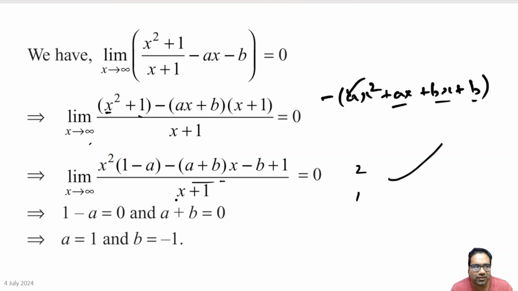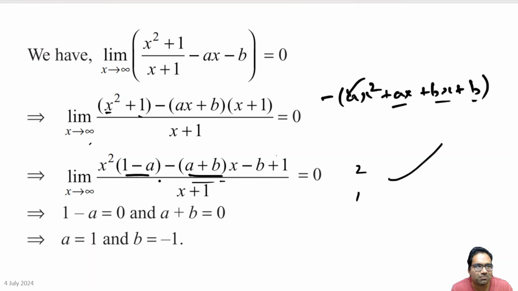Then we can divide it by x, and the numerator also we can divide by x. What does that mean? The highest coefficients of x in the numerator should become 0 automatically. Then only x square will disappear, then only this x will disappear. We will get a constant by x plus 1, and as x tends to infinity, that will become 0.